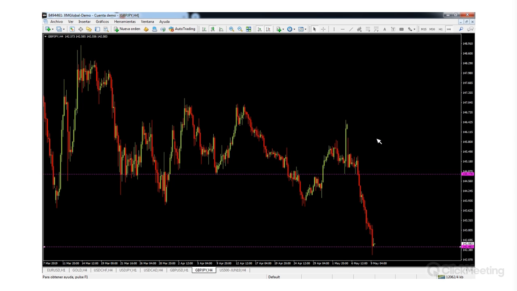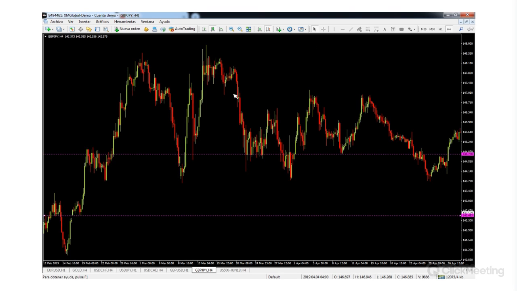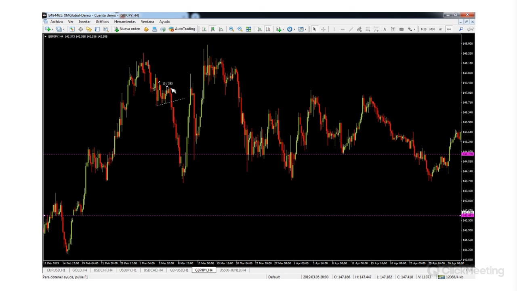That is why the pound versus the Japanese yen is one of my favorite currency pairs. I'm going to show you a couple of big trades that I have taken on the pound versus the yen. Just look at this continuation pattern right here. This is exactly the triangle that I traded.